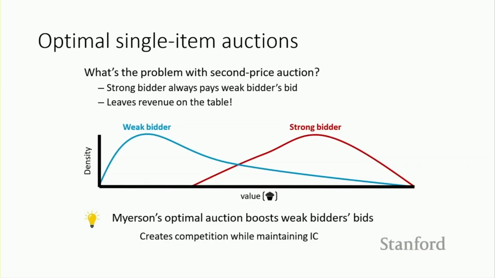The issue with the second price auction, as already partially identified, is that a stronger bidder always pays the weaker bidder's bid. And so the revenue from a seller's point of view depends much more strongly on the values of the participants. You could argue that from the seller's point of view, what they want is the true value of the actual maximal bid.